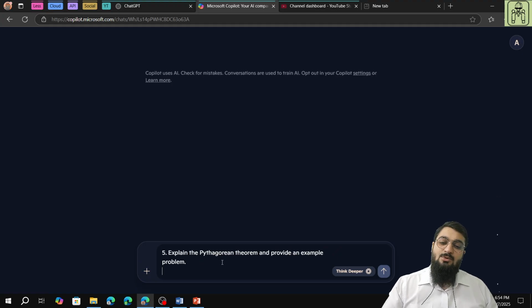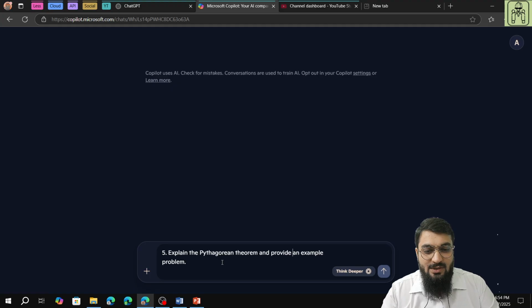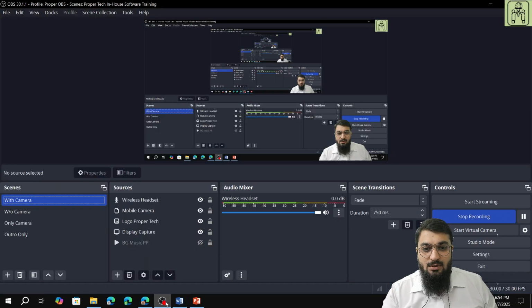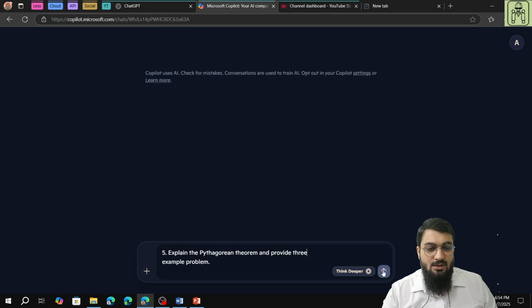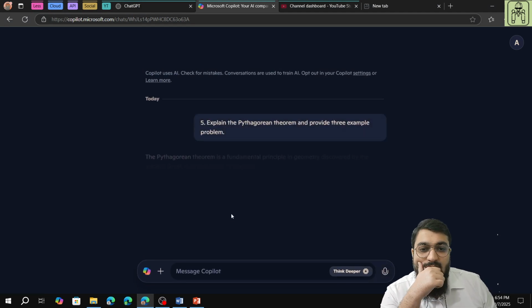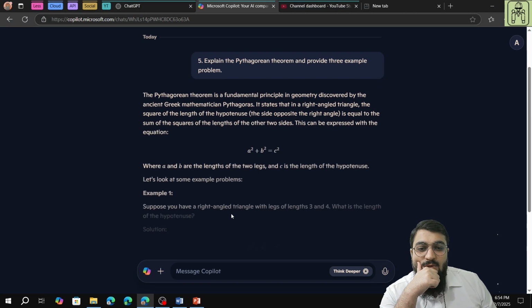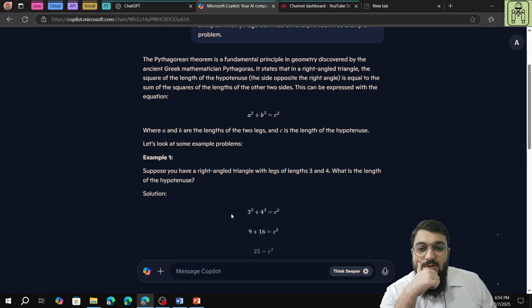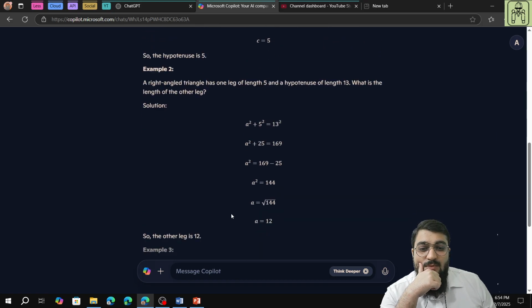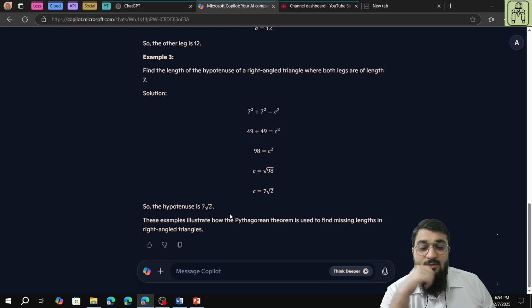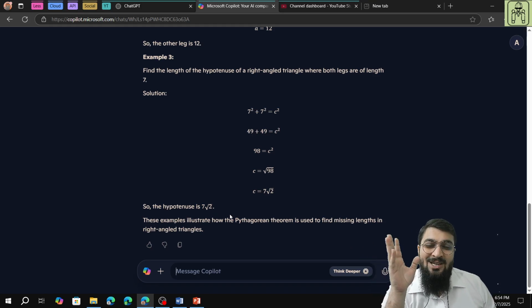We will say provide three examples. And then we will ask Copilot to explain: example one, very good, example two, very good, example three, very good. So you can understand the topic without opening a book.